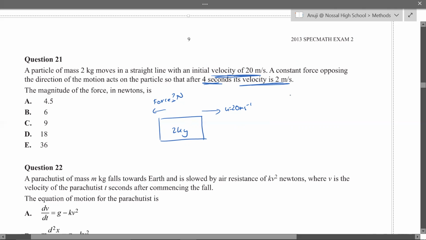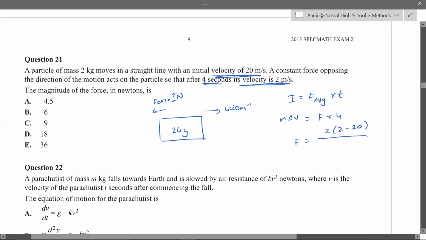So the equation with momentum and force is impulse equals F average times time. So impulse is m delta V equals F times 4. The initial velocity is 20. Oh no, yeah, so the final velocity is 2 and the initial velocity is 20, so it's negative.